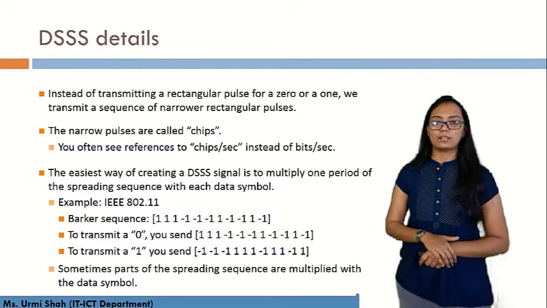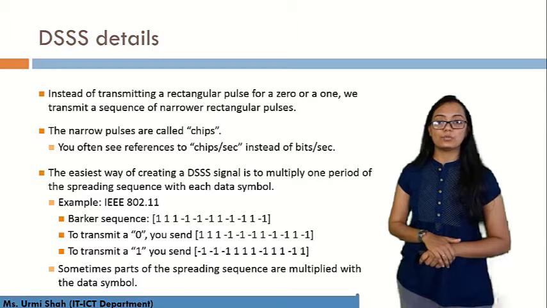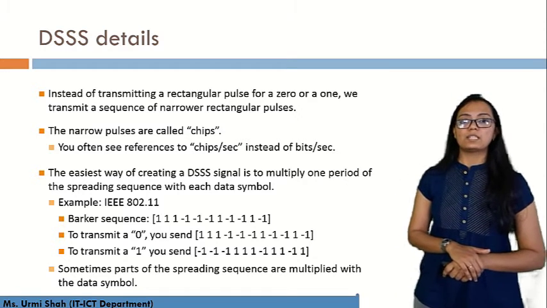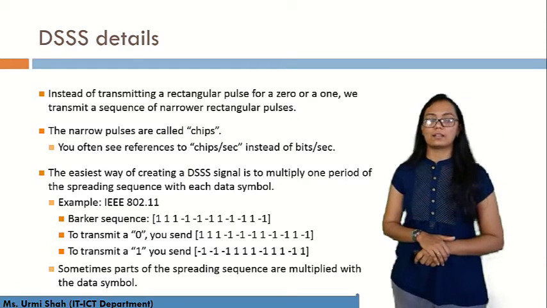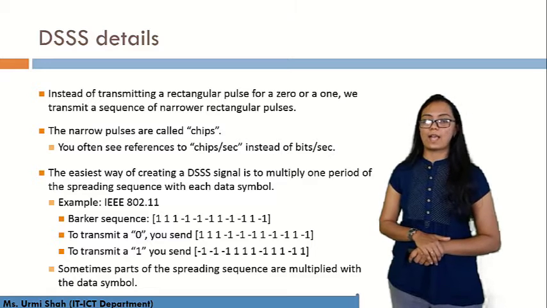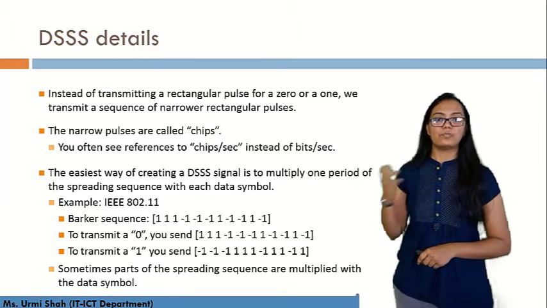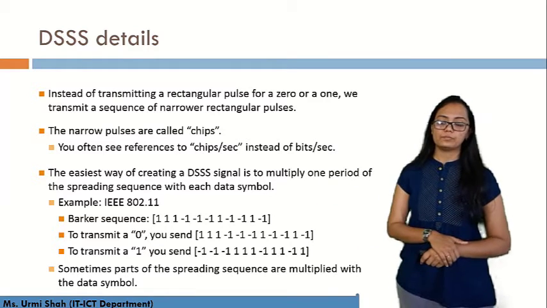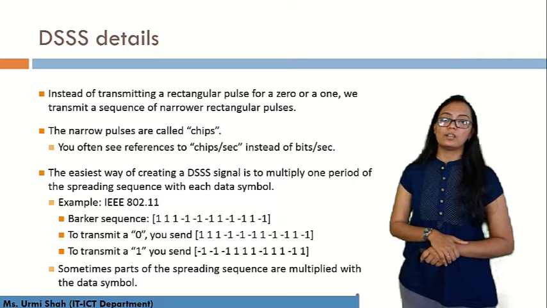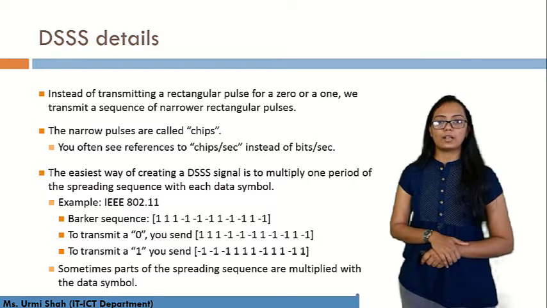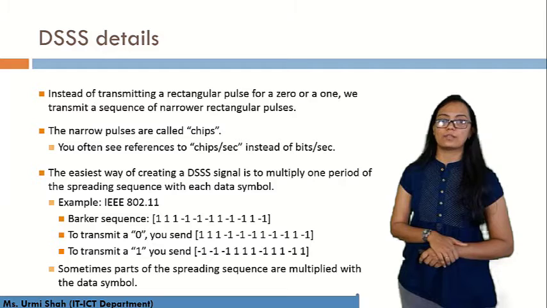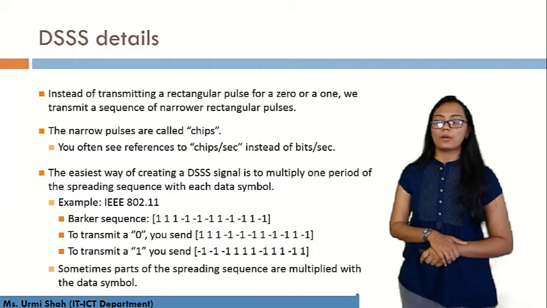The example here is the Barker code, which is used in the IEEE 802.11 standard, having the Barker sequence 1, 1, 1, -1, -1, -1, 1, -1, -1, 1, -1. To transmit a 0, you need to send 1, 1, 1, -1, -1, -1, 1, -1, -1, 1, -1.